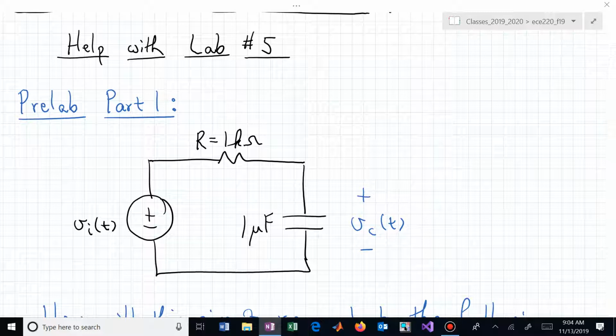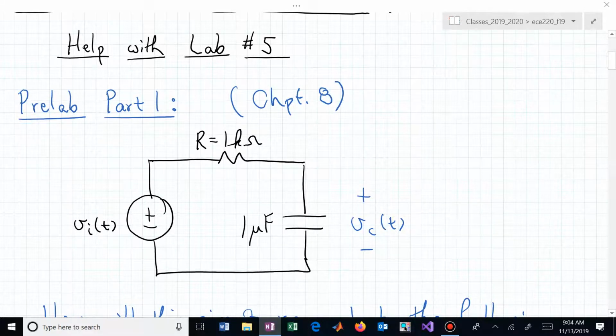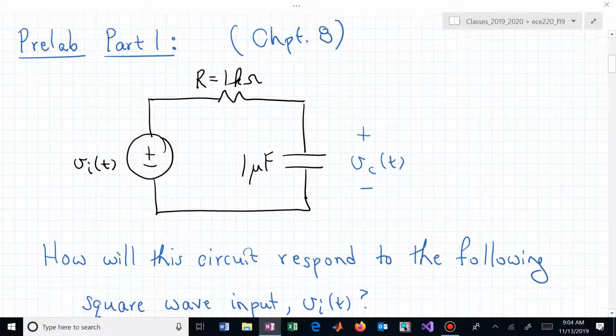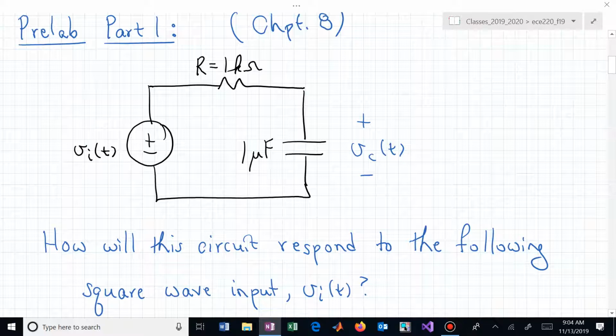For pre-lab Part 1 in lab number 5, this is trying to get you comfortable with the pre-lab for lab 5. This is now Chapter 8 material. This is a first order circuit, and they want you to determine what's going to happen in this circuit when you apply a square wave input at V sub i of t.